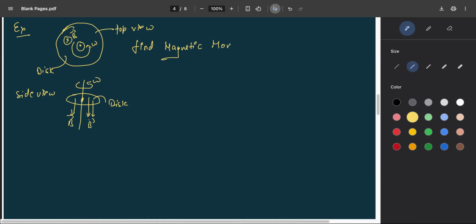Look, in earlier cases you simply calculated like what you did in the previous cases. You simply said, sir, I is the current, A is the area, so the magnetic moment will come out as I times A. But how are you going to calculate in this particular case?